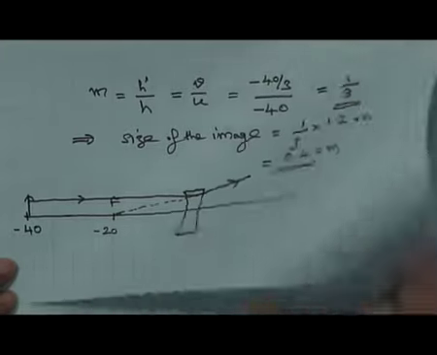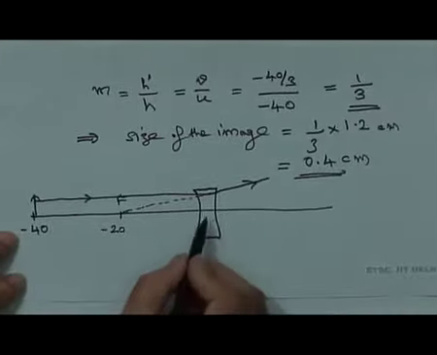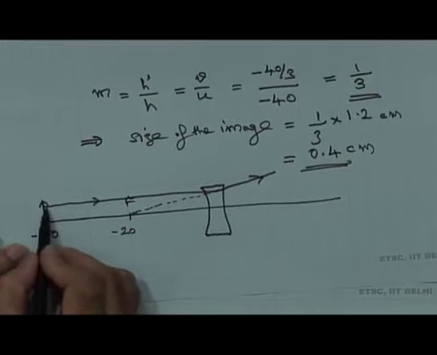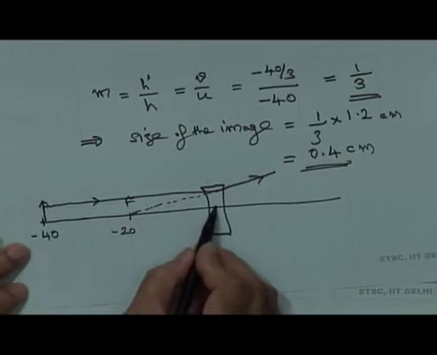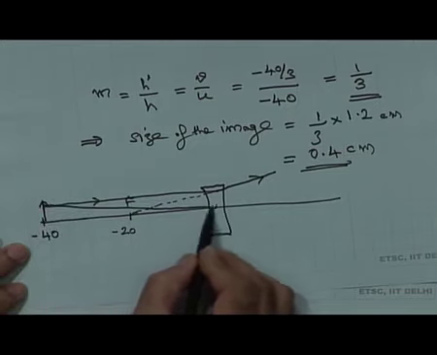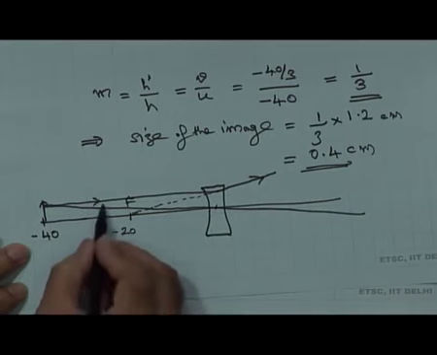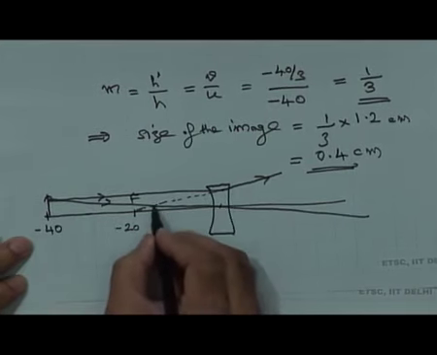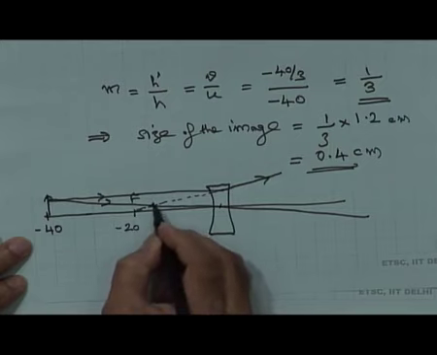What about the second ray? The second ray we can pass from the center here. So, the second ray passes through the middle, and therefore the point of intersection is here. This is the point of intersection.